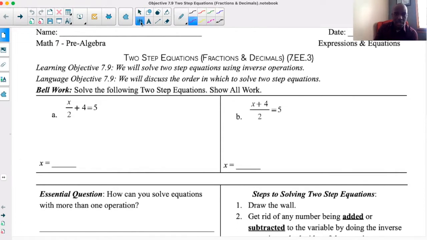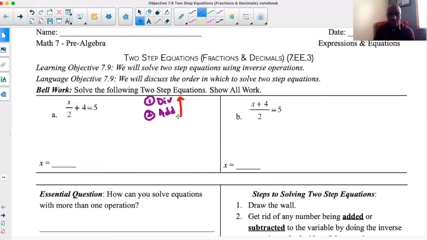So when I see what's going on here, first thing that's happening here, it's just being divided. And then the second thing that's happening is being added. Now, if I need to solve it, I need to go in the reverse order in order to solve it. So I need to go from the bottom up, doing the opposite operations.